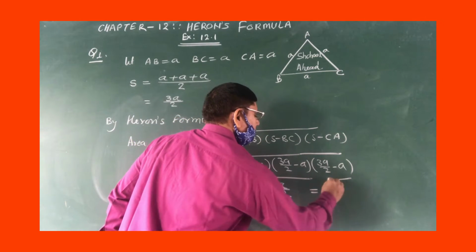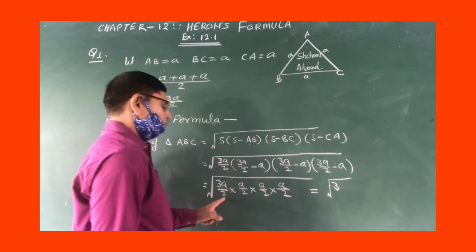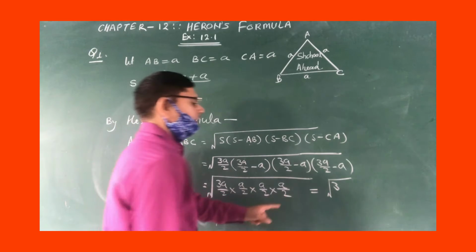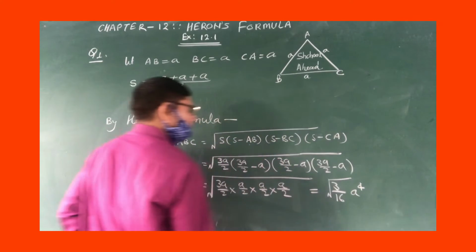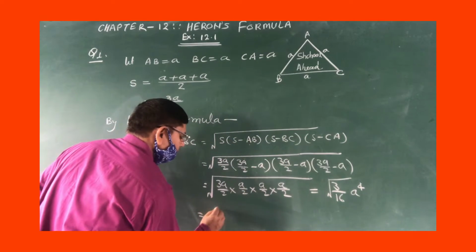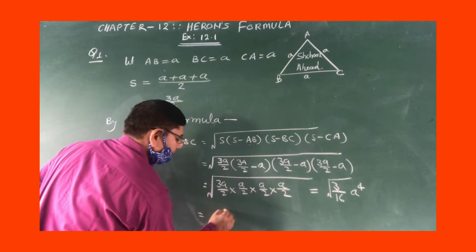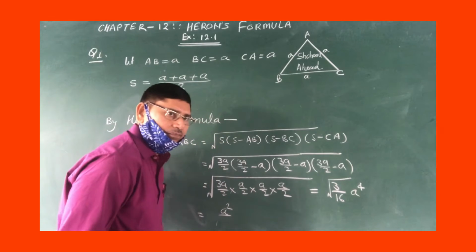So here first of all you can write it just like that: 3 by 16 and A raised to the power of 4. And if you take the square root of this expression, then you will get A square and square root of 16 is 4.